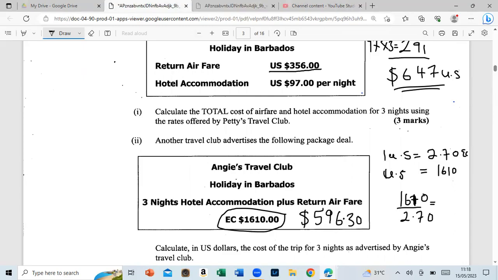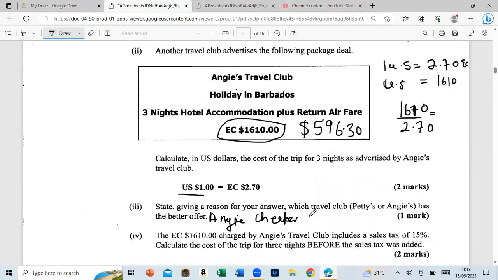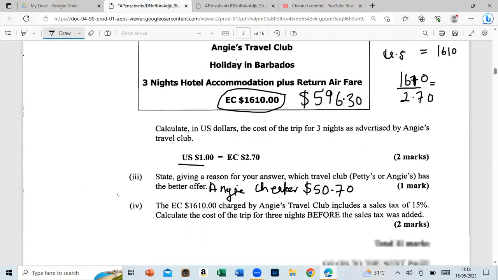I just want to find out the exact difference, which is $50.70. So Angie is cheaper by 50 US dollars and 70 cents. And of course, that is 1 mark. So we don't have to stress ourselves, it's just 1 mark. But nevertheless, guys, every mark is important in the CSEC examination.